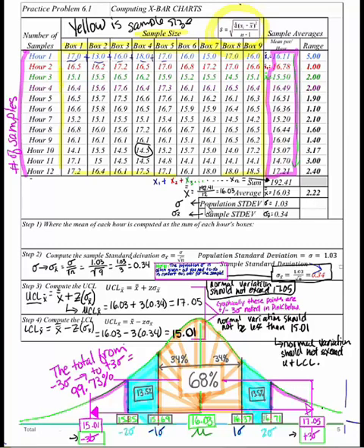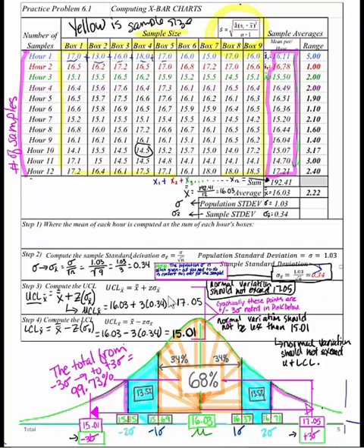We are also given the population standard deviation of 1.03. So the standard deviation for this population here, all of these observations, is 1.03. And then we have to convert that into a sample standard deviation, which we do by dividing by the square root of n.